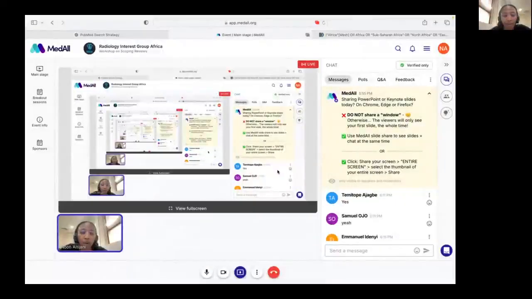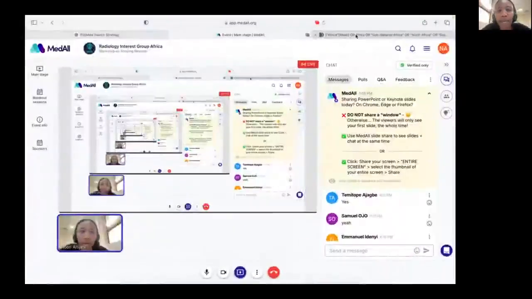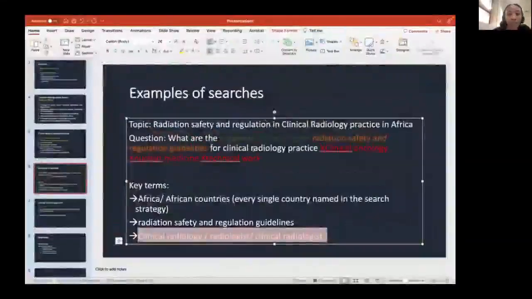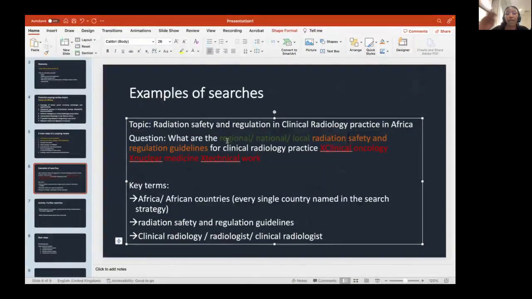One thing that I've not mentioned here is for a research question like this, when we want to find country level, so whether it's regional or national guidelines, PubMed is a start, but what would be the most important search to do is to do grey literature search.